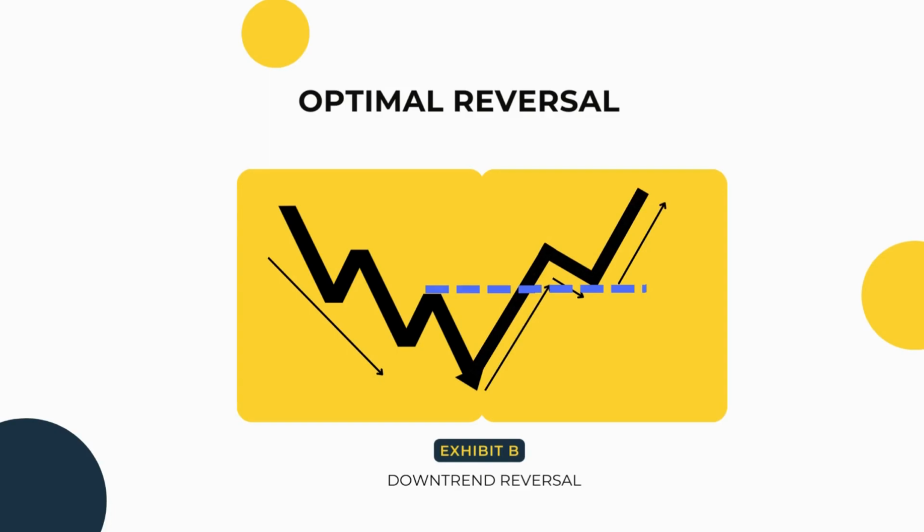Structure is broken from a downtrend to uptrend. The downtrend's last lower high is met with a higher low, retest or retracement for the uptrend. The optimal reversal.